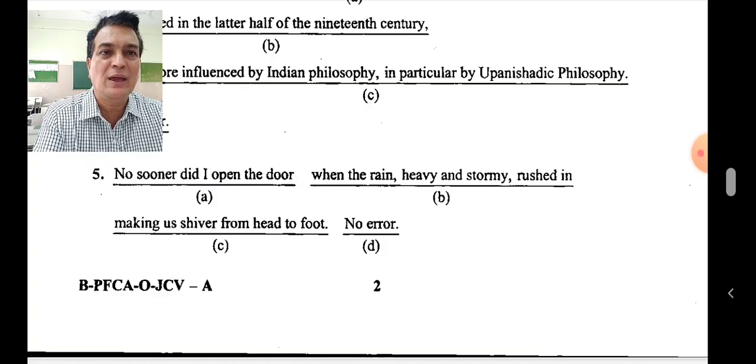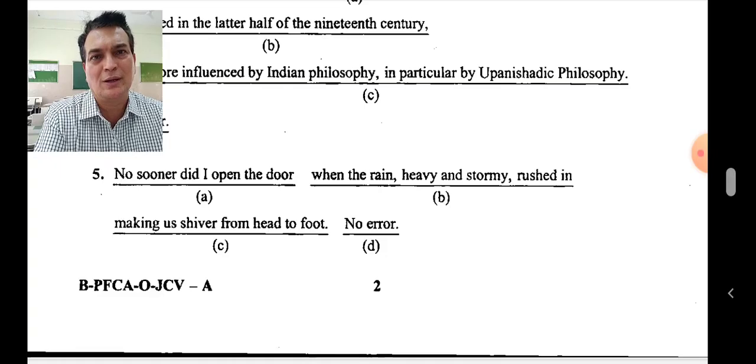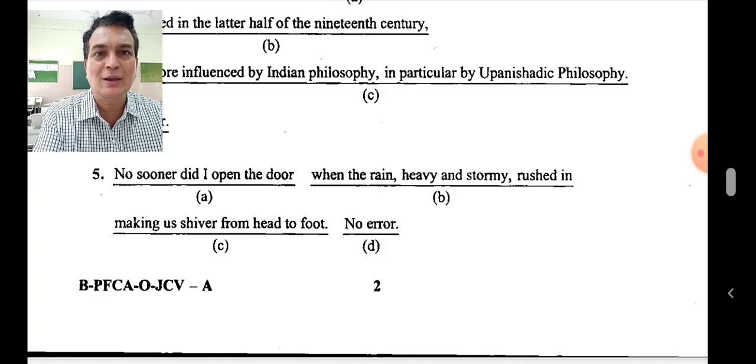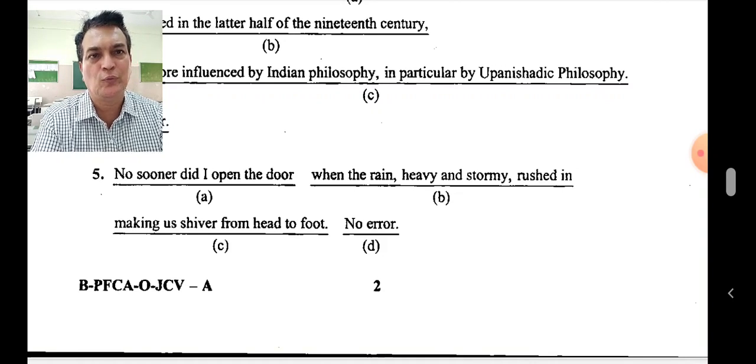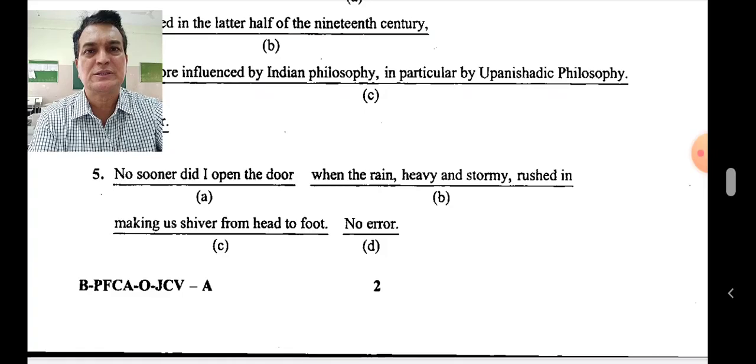Remember, whenever no sooner comes, than will come. THAN, than will come. No sooner than, hardly when, scarcely when, but no sooner than. So no sooner did I open the door than the rain heavy and stormy rushed in, making us shiver from head to foot.